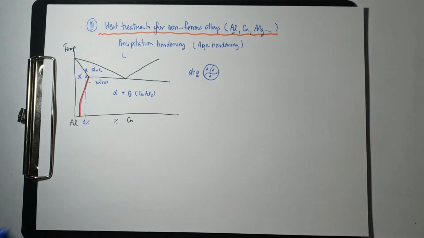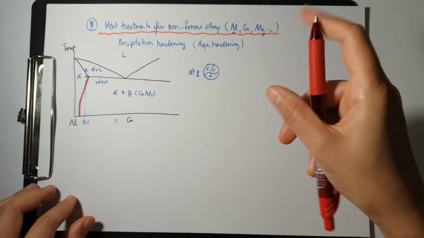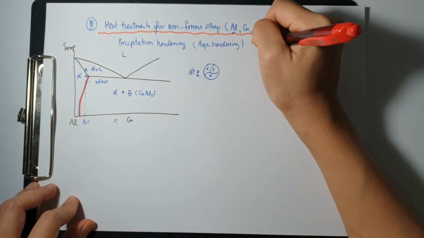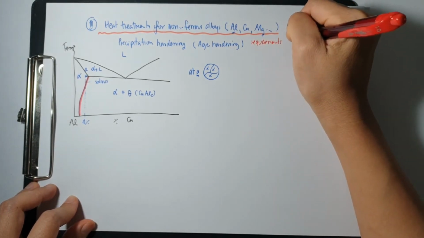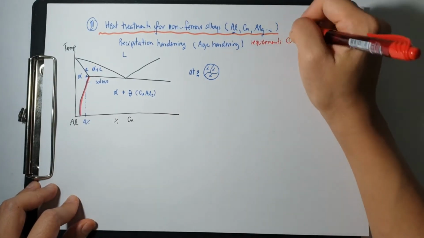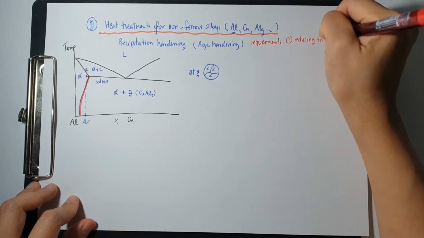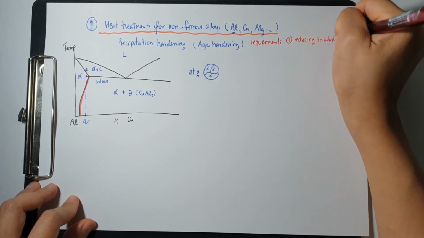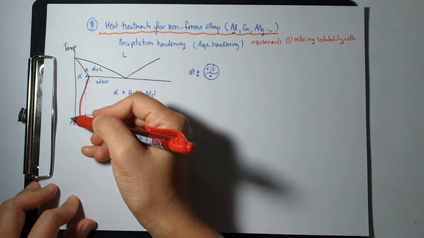So for precipitation hardening, there are requirements. The first one, you have to have reducing solubility with decreasing temperature.